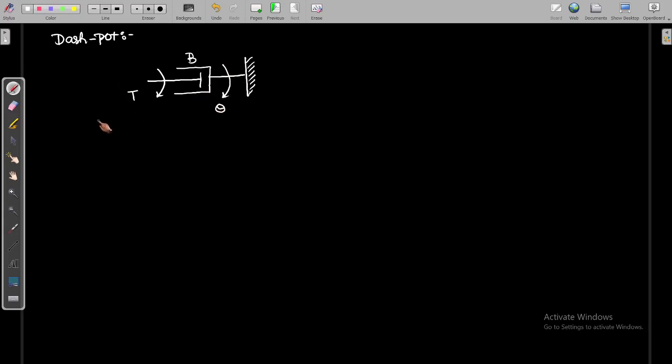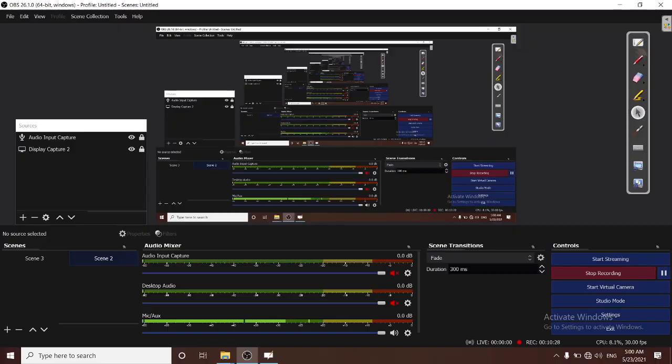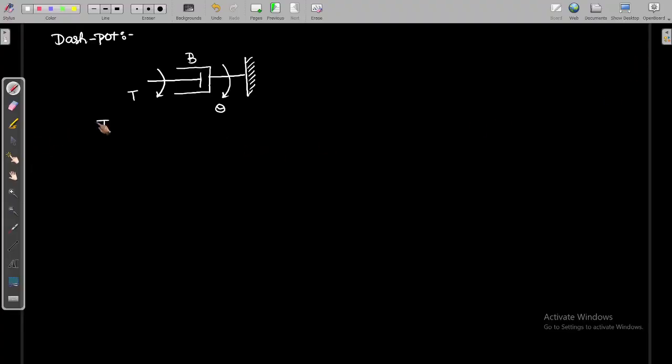So torque T in the case of the dashpot, the opposing torque represented with Tb, can be proportional to d theta by dt.